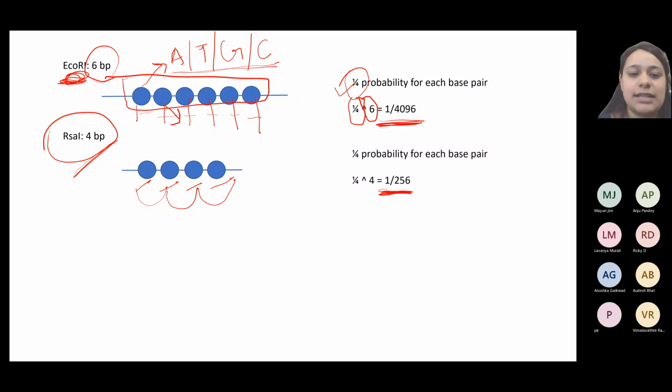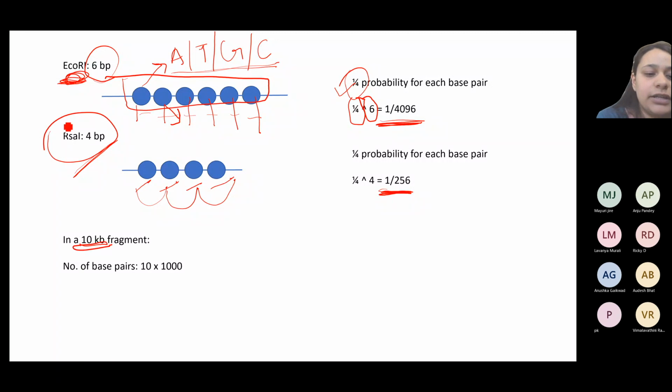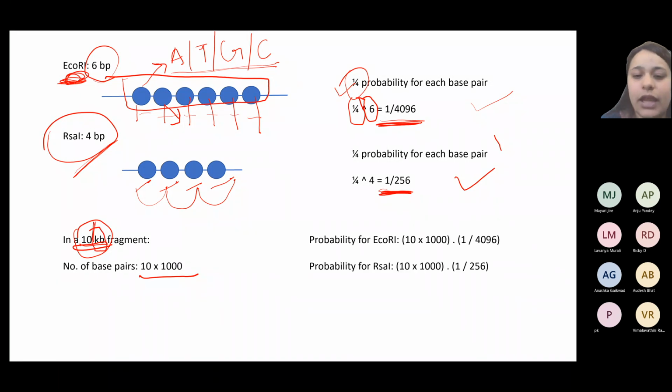Now, in a 10 kb fragment, how many base pairs are there? 10,000 base pairs, 10 into 1000 because it is a kilo base pair. So for EcoR1, it will be 10,000 into 1 by 4096, and for RSA1 it will be 10,000 into 1 by 256.